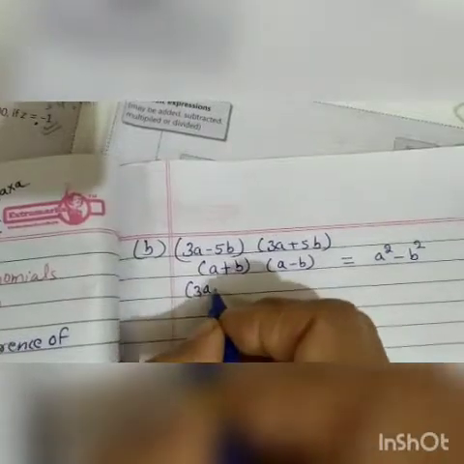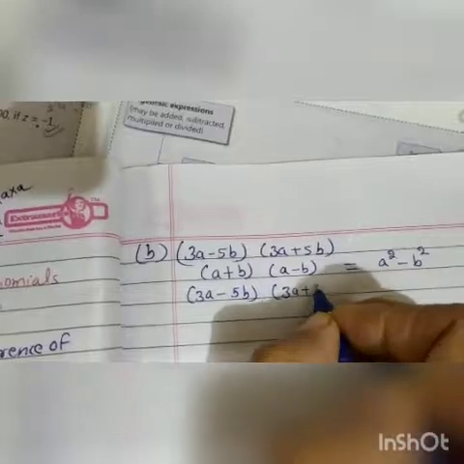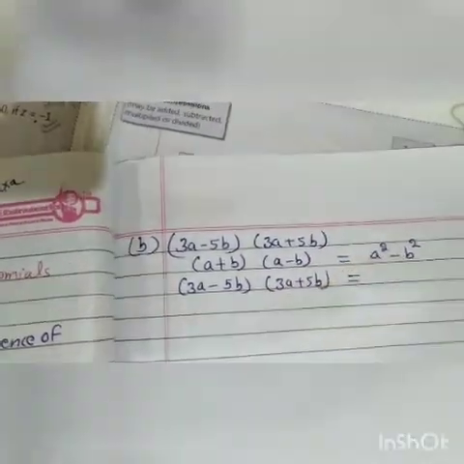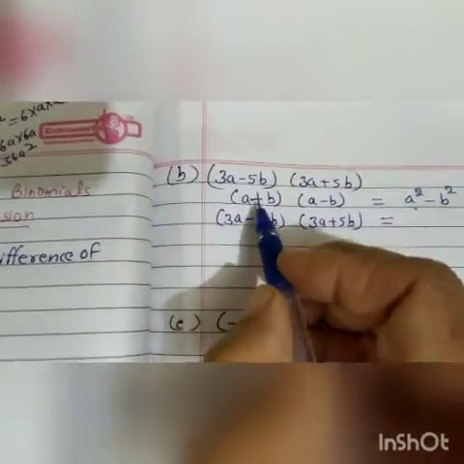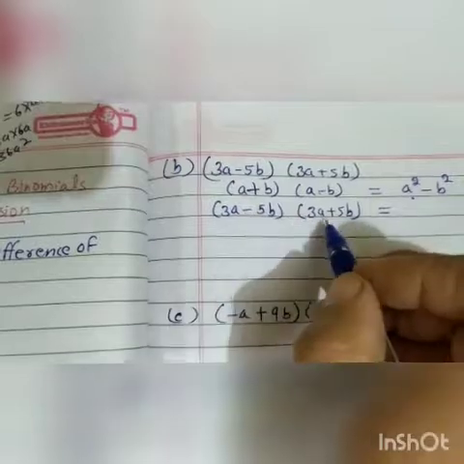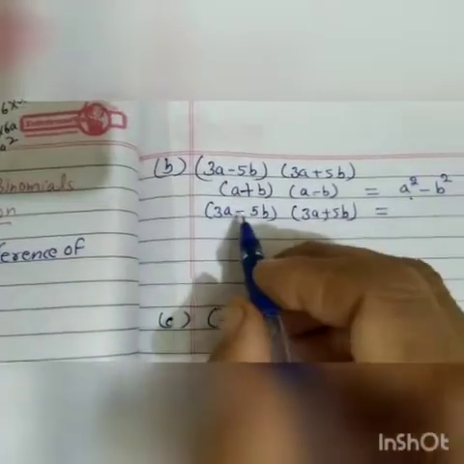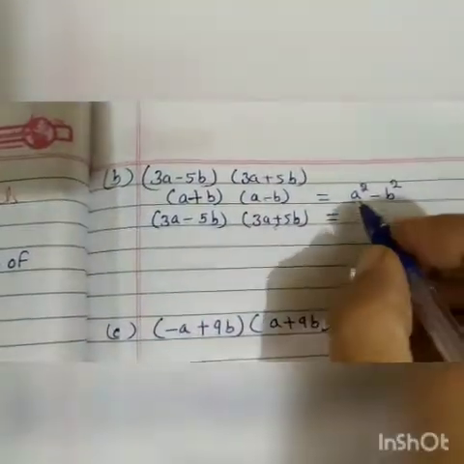Now our question is (3a minus 5b)(3a plus 5b). Students, here you are noticing that in the identity first is the plus sign then the minus sign. In the question first is the minus sign then the plus sign. So beta, no difference. We will use the same identity.